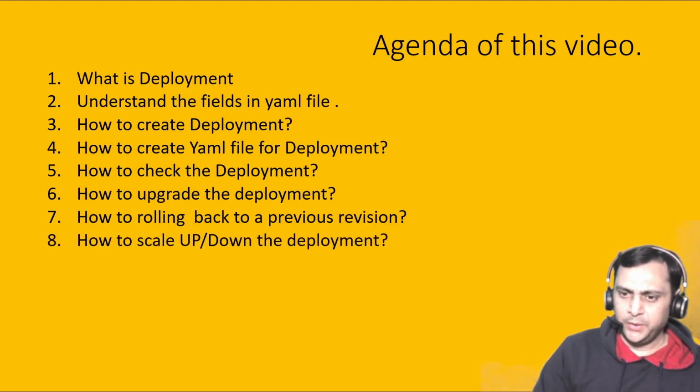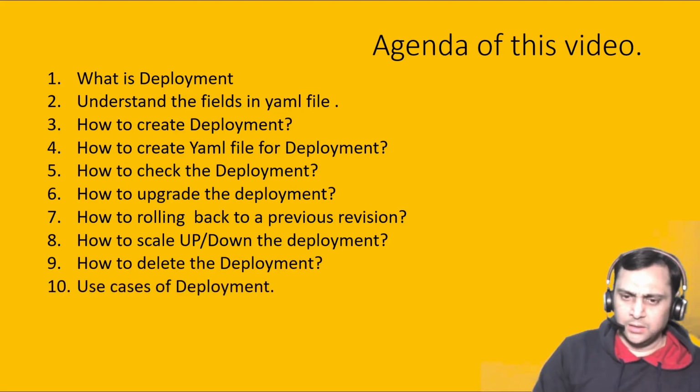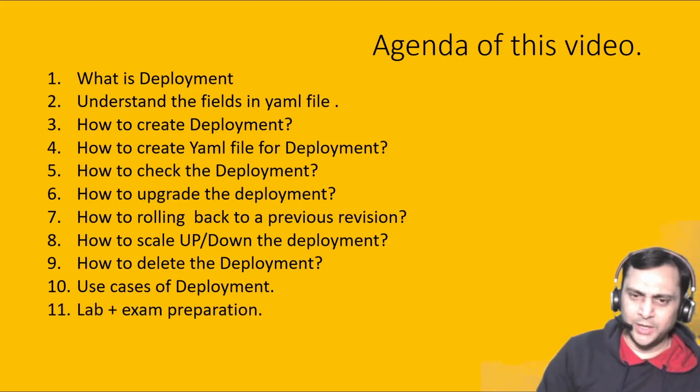Under this, we will try to understand how to increase the identical pods. After that, how to delete the deployment. And in the 10th, use cases of deployment. In the last, we will do a lab and some exam preparations. So let's proceed with the first one.